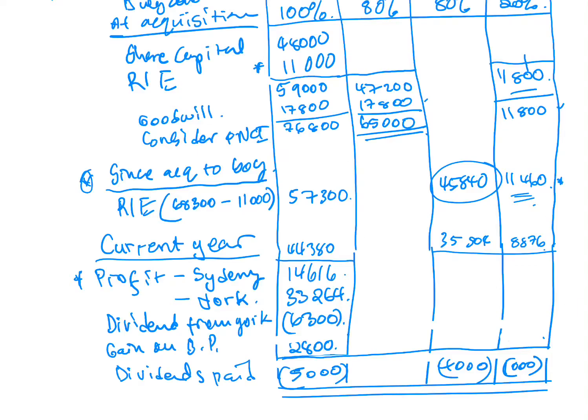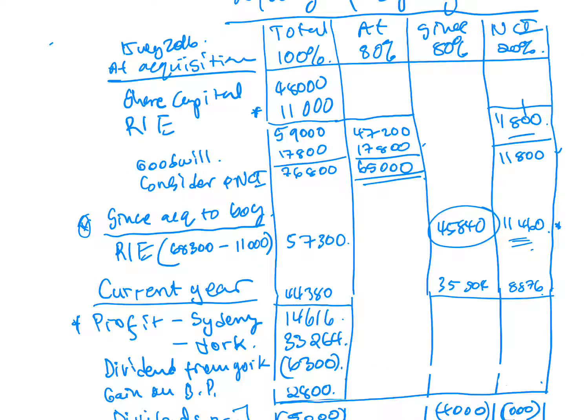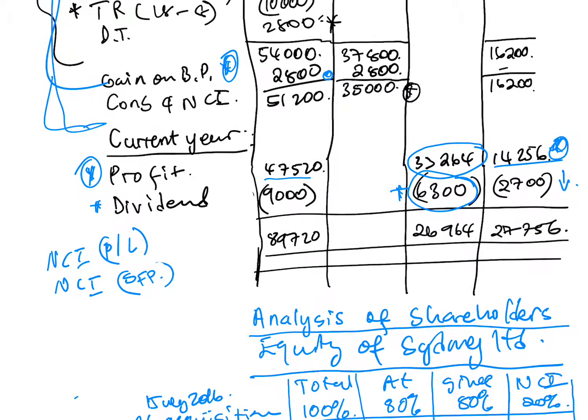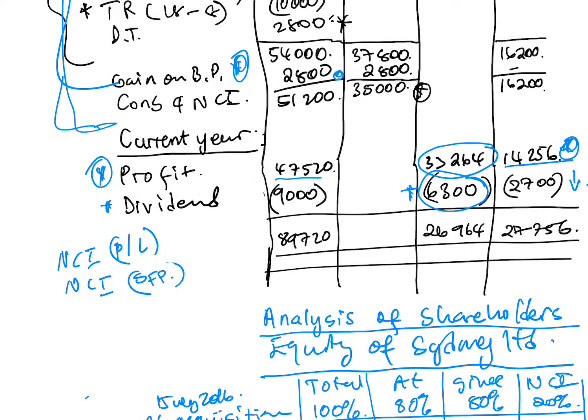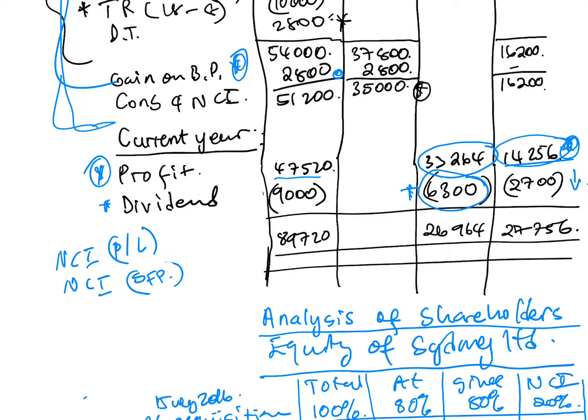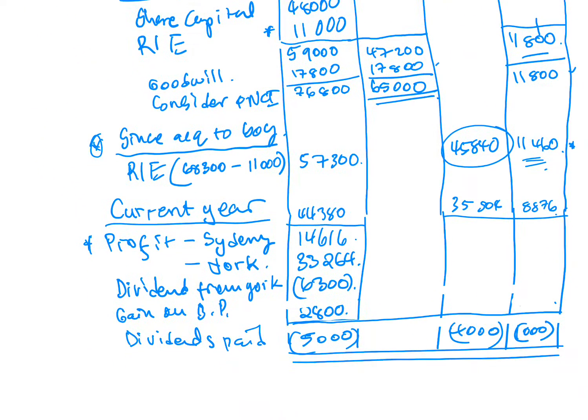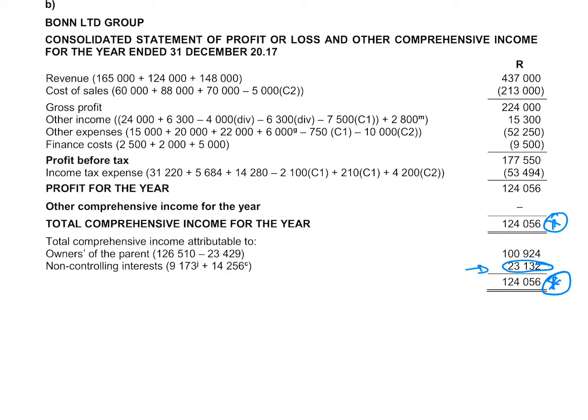We are going to come and we say the NCI in the sub-subsidiary is 14,256. Are we together? And the NCI in the subsidiary is 8,876. So that's what we have there. Are we together? So the non-controlling interest that we have is 14,256.